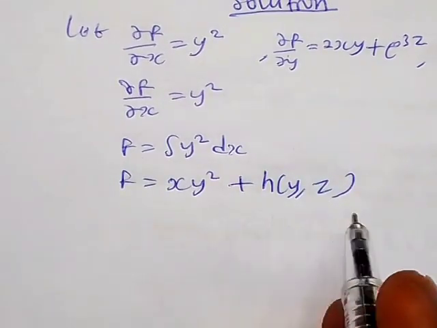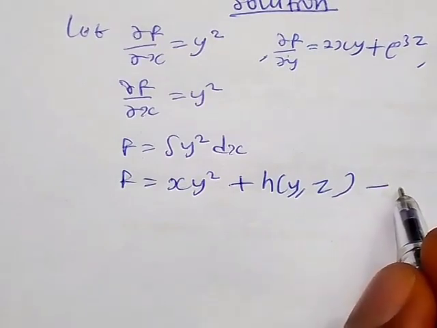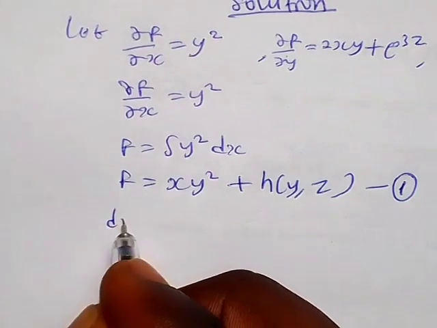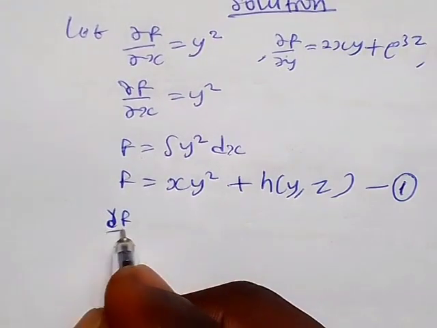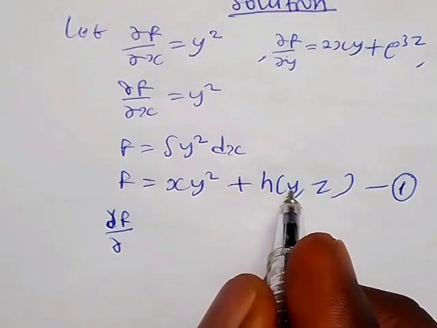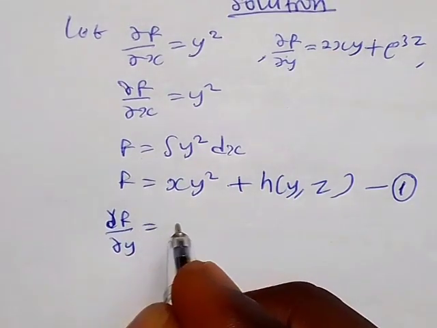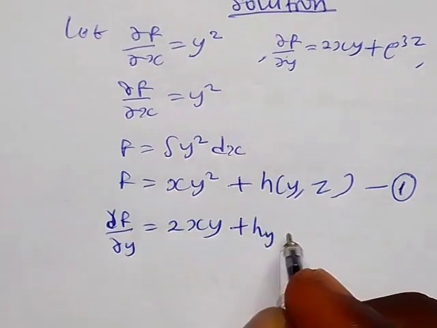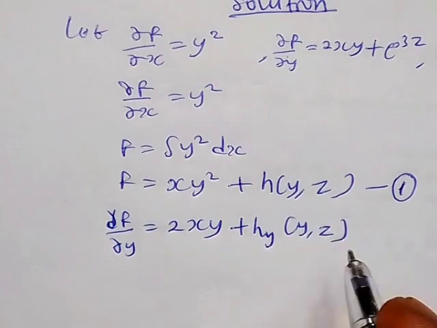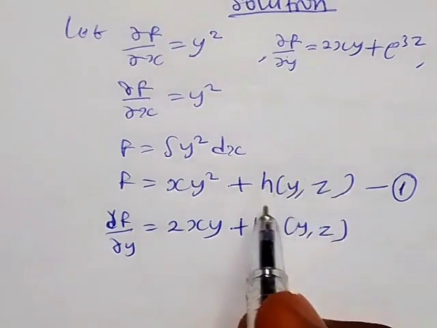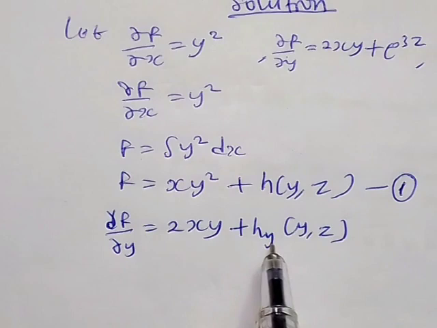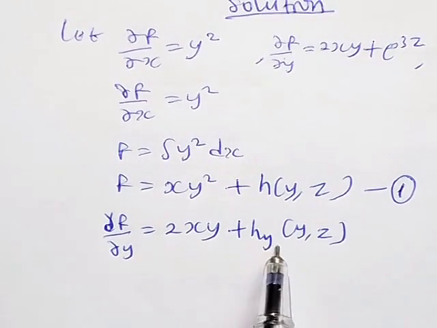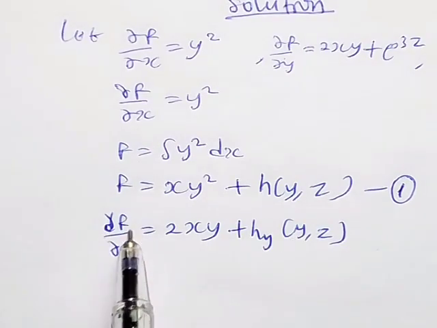So the next thing to do is, let's call this equation 1. So differentiate equation 1, which is f, with respect to y. So we have 2xy plus h subscript y of y comma z. So if we differentiate this with respect to y, we're going to have h subscript y of y comma z. So we can compare this equation that we obtain here, partial f partial y.